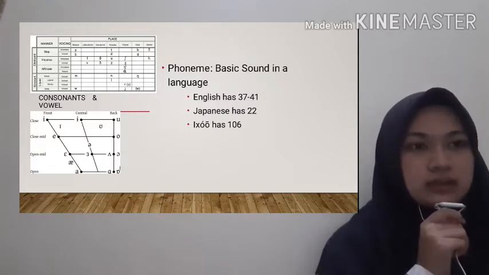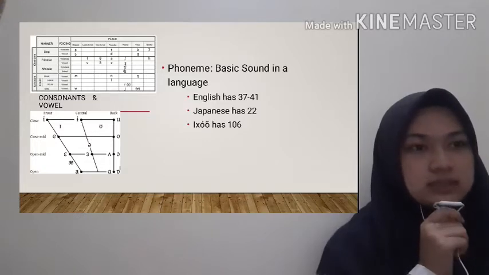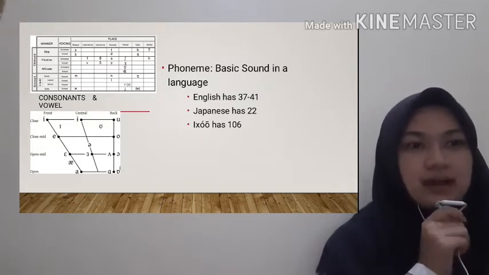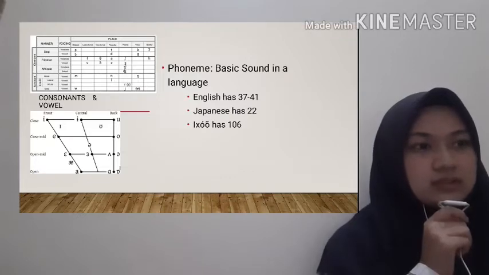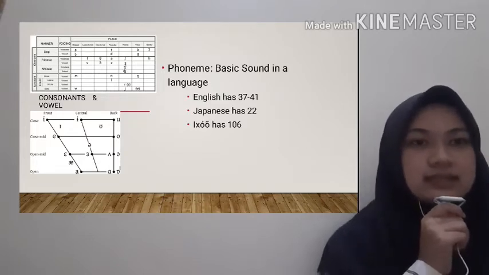Contrast this with English, which has between 13 and 16 vowels. Taa has 106 phonemes, which is an absurd number of phonemes. We can meet Taa people if we're looking for a good speaker who can pronounce so many phonemes and can make pretty much every sound. And this is the English vowels and English consonants.